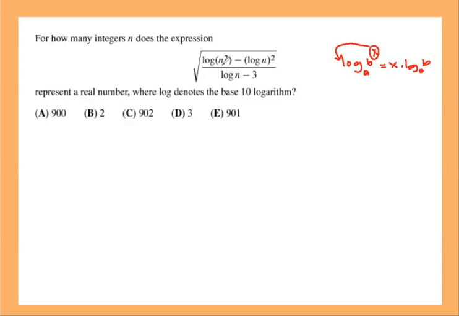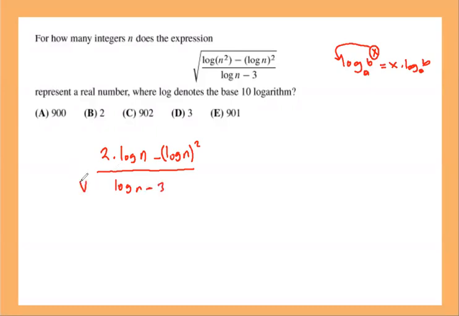So let's use it. Everything right here is log n, but this is log n to the second power, which is why I will pull this 2 in front. So that could be written as 2 times log n, minus log n squared, which is the square of whatever number we get from that log n, and this is divided by log n minus 3.